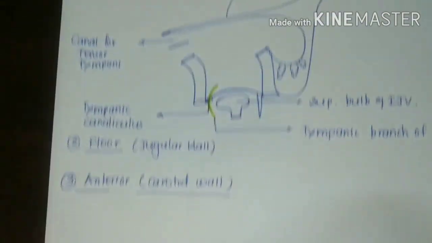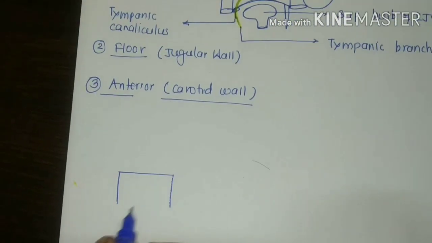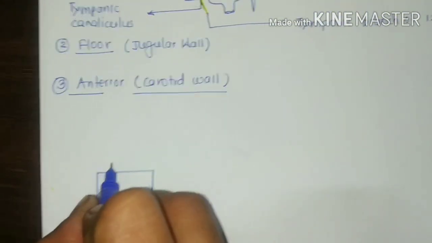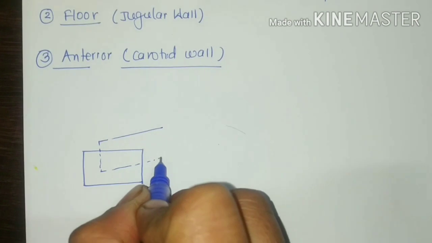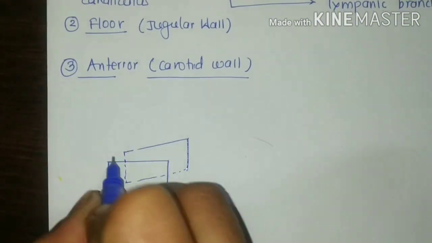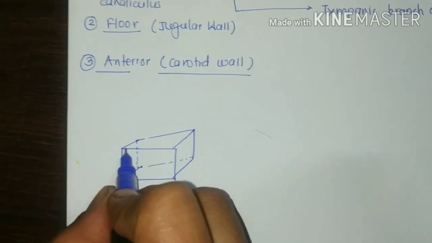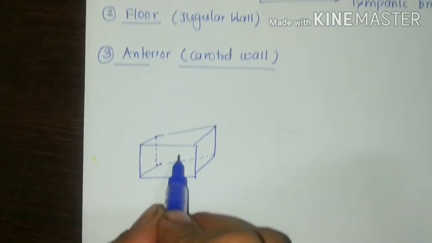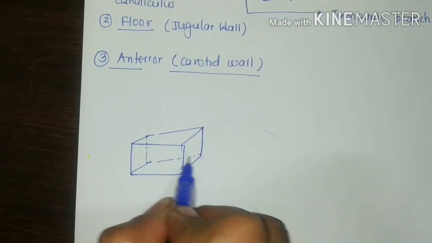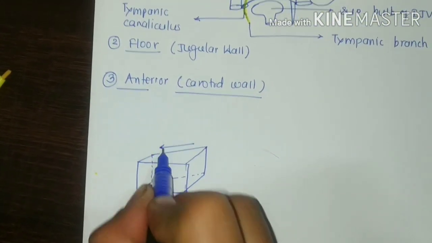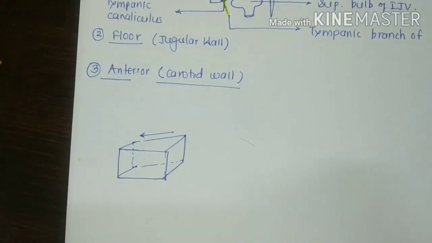When we have seen the middle ear as a cube, if you remember, we have seen that it is somewhat like it, and this represents the anterior wall. So due to approximation of this lateral wall and the medial wall as well as descent of the roof, this anterior wall, it is constricted.